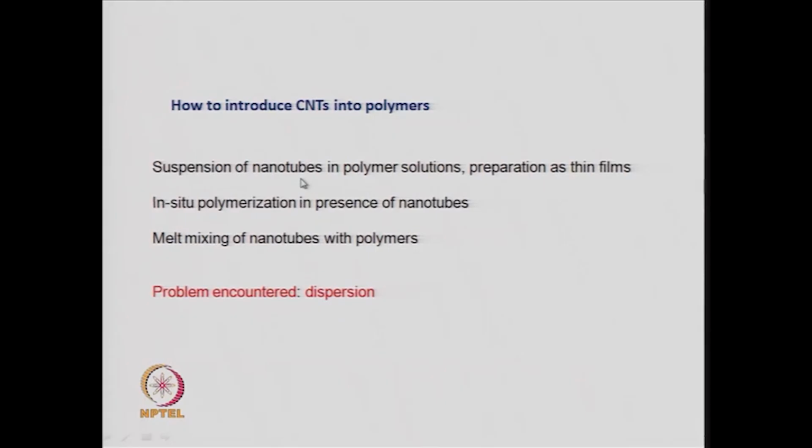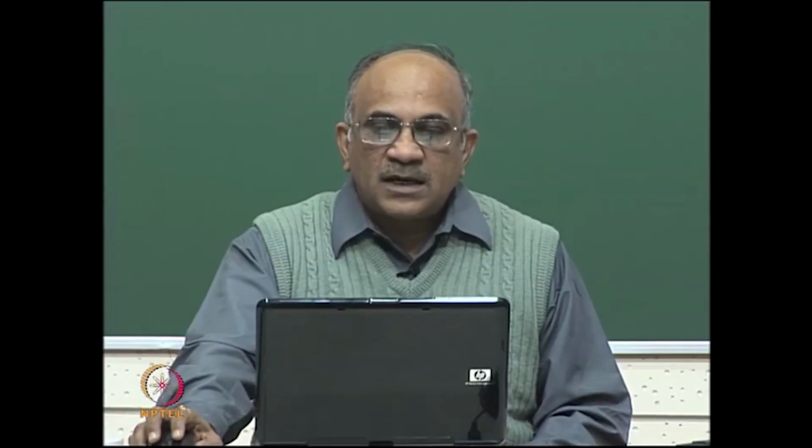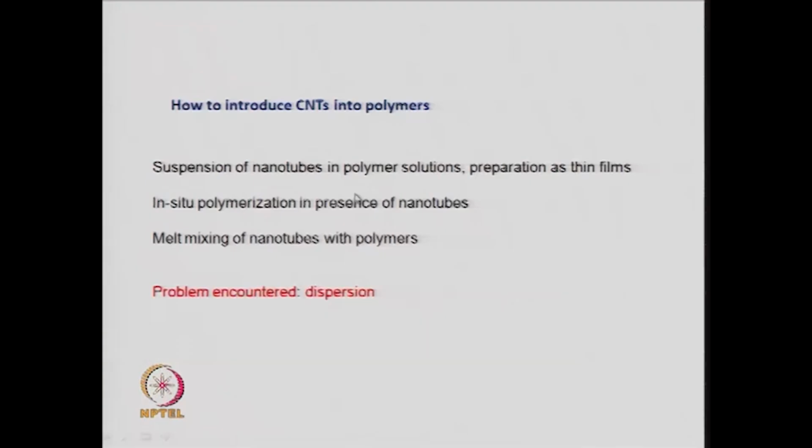You suspend the nanotubes in solution and spin coat them or dip coat them on substrates of your choice. A variety of substrates you can use, and depending on your spinning speed and the concentration of the nanotubes in the polymer, you can vary the thickness of these thin films.